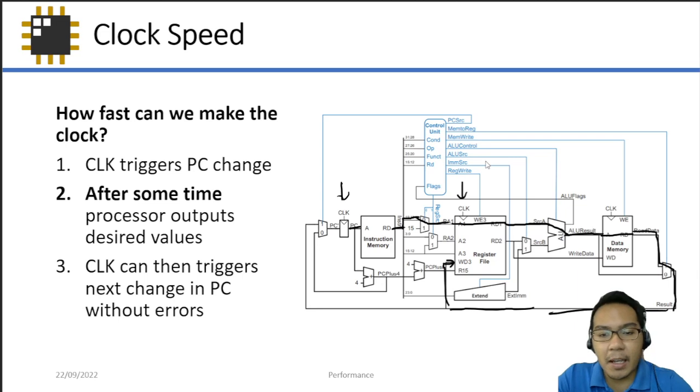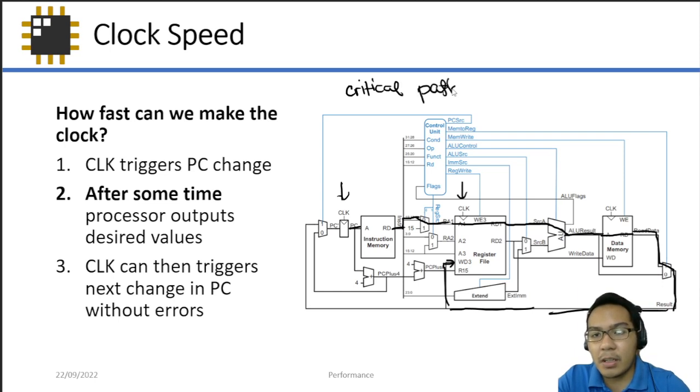And if you may recall correctly from your logic classes, there is a specific path called the critical path, which for a combinational circuit is the path of the longest delay.